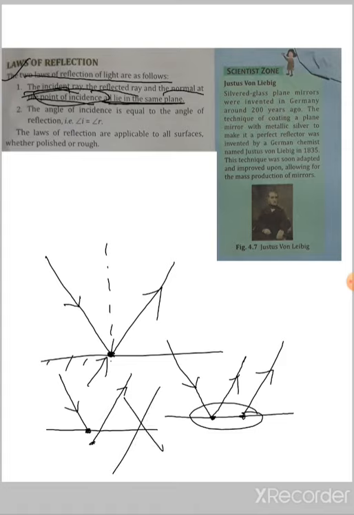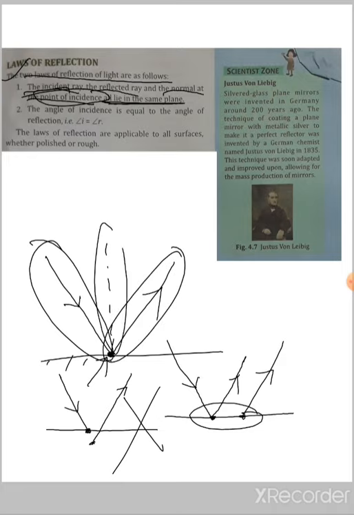So the first law says that my incident ray, reflected ray, and the normal all start from the point of incidence, at the same plane. Same plane means it does not come out from above or from below. It comes out from that same point, and that point is called the point of incidence. Are you getting my point? So this is our first law.